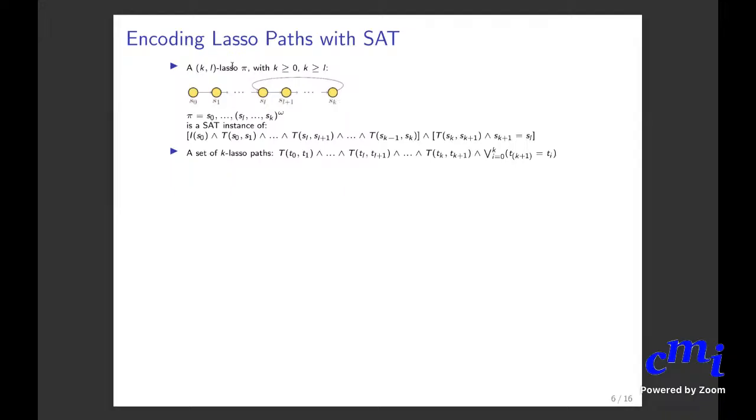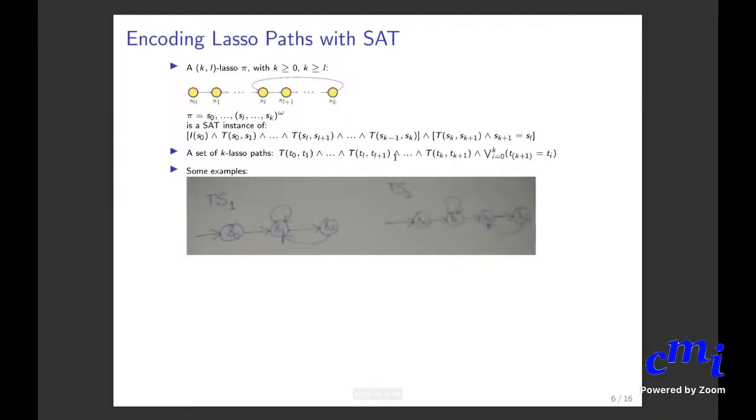If it loops back into any one of the states, that is represented by this disjunction in here. So this satisfying instance of it just represents the set of all lassos.